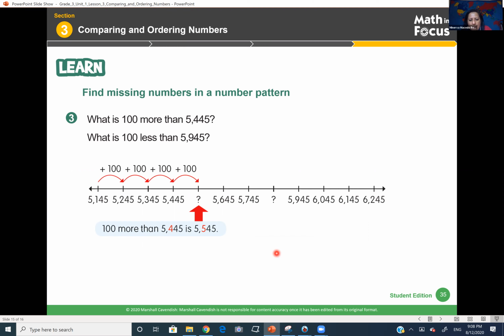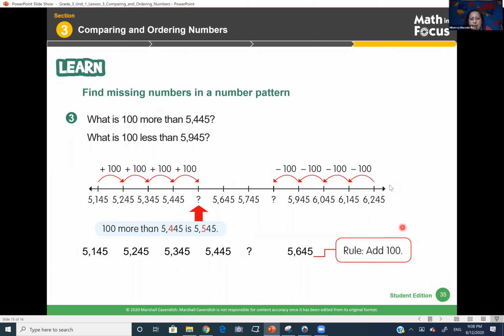And finally, we'll do the same. We'll subtract because now here's 100 less. So we'll subtract it. Minus 100, minus 100, minus 100. So we subtract minus 100 from here. Minus 100. So we can get the answer. 5, 4, 8, and 5.